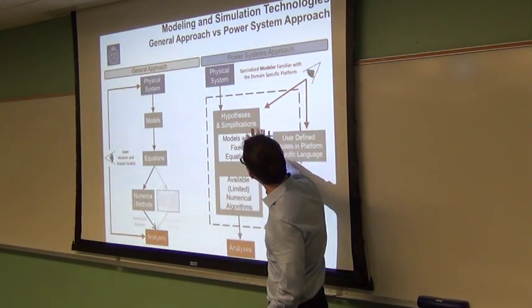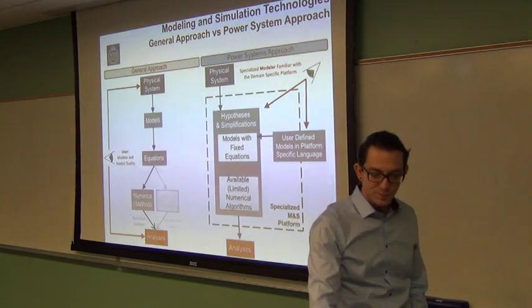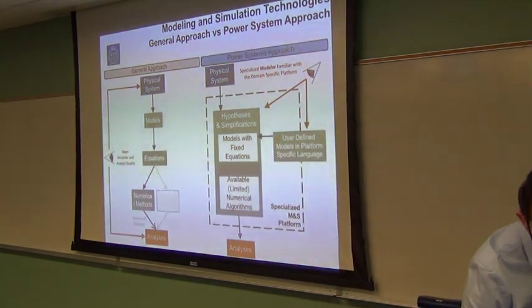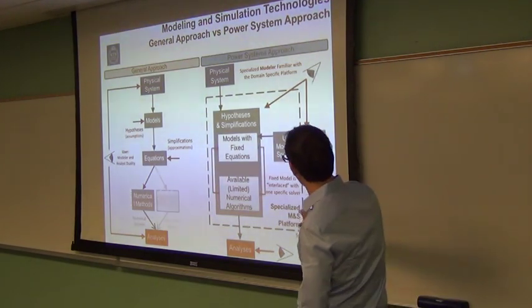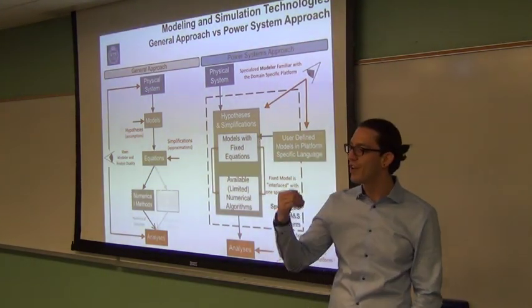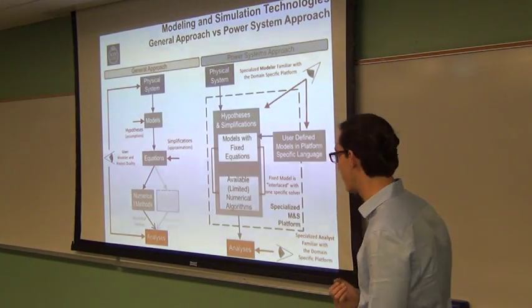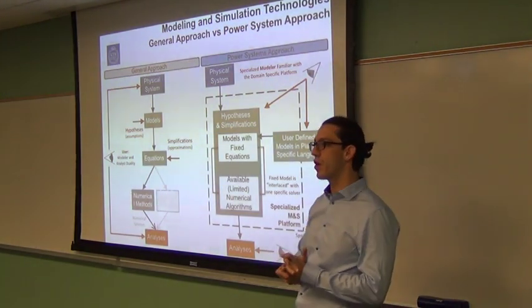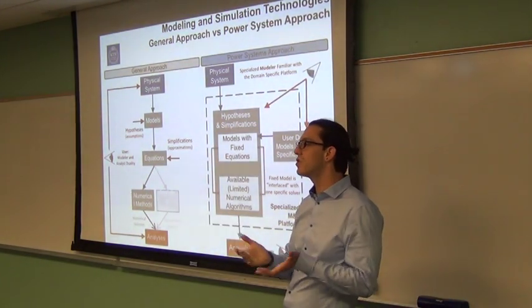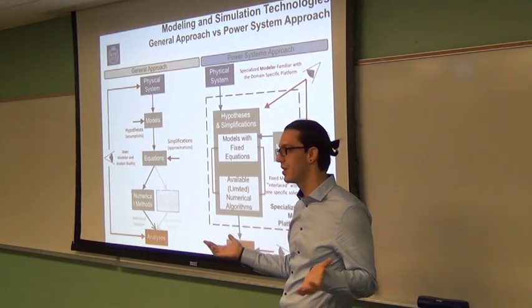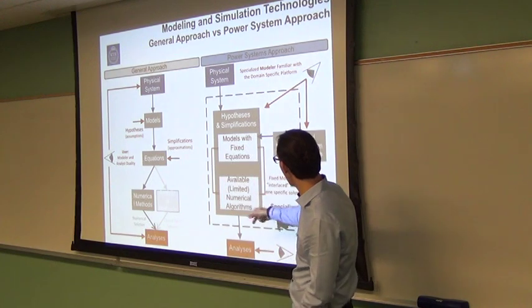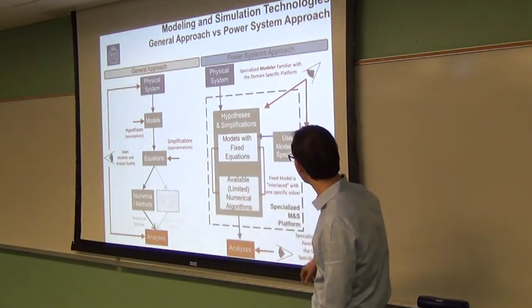But the problem is that because you're binding the tool with a specific solver, it is very hard to extend these platforms. Especially when we think about it now, there's not a tool available to design a cyber-physical system. And this is one of the main problems that we're going to have. It's deep inside of the software.